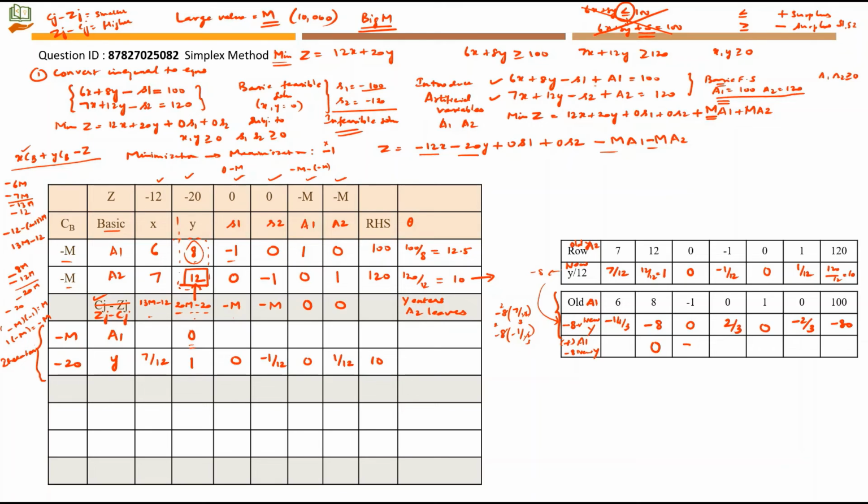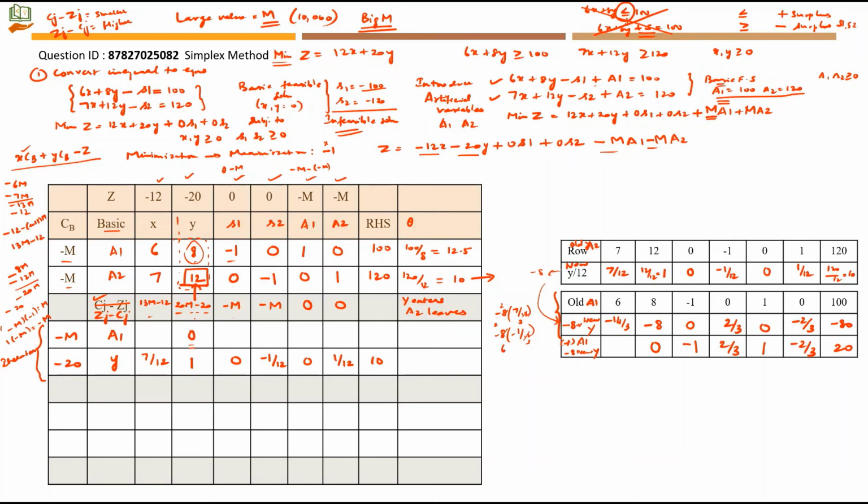Minus 1 plus 0 is minus 1. 0 plus 2 by 3 is 2 by 3. 1 plus 0 is 1. 0 minus 2 by 3 is minus 2 by 3. 100 minus 80 will be 20. I am not subtracting. I am using here minus 8 and I am just adding this.